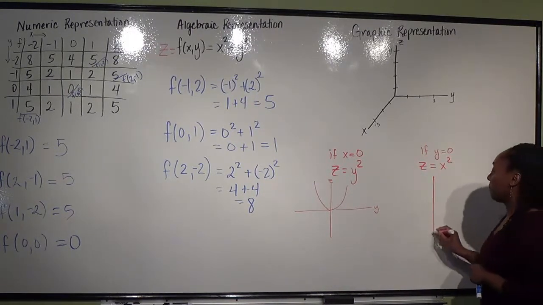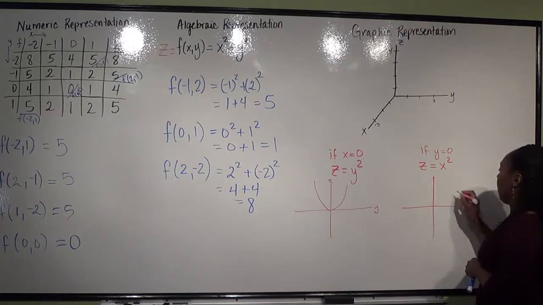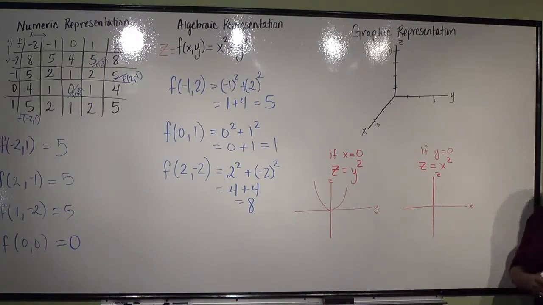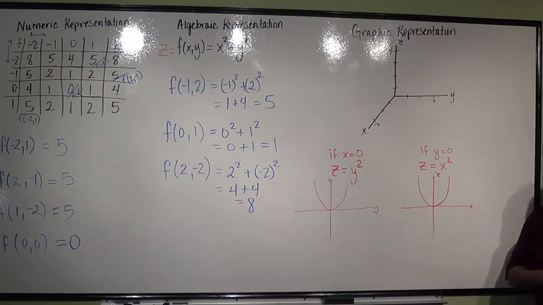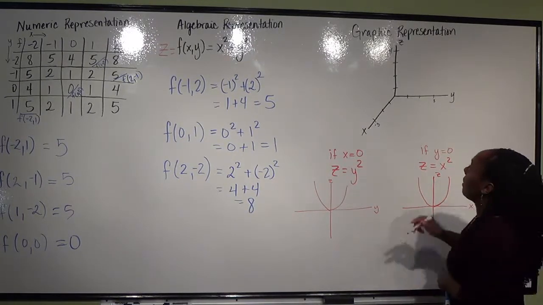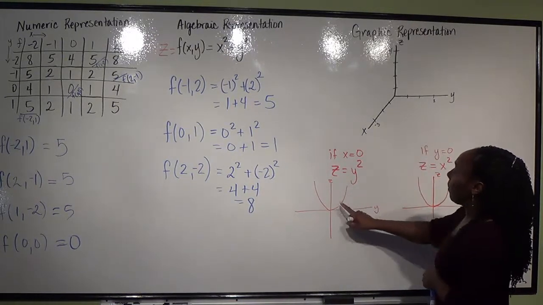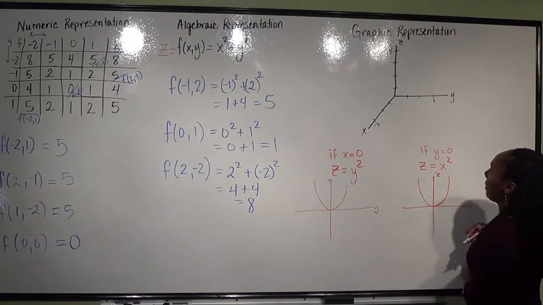And if I'm looking at my two-variable coordinate system, again, that's just a parabola. So in both cases here, I'm looking at a parabola that's opening towards the z-axis.